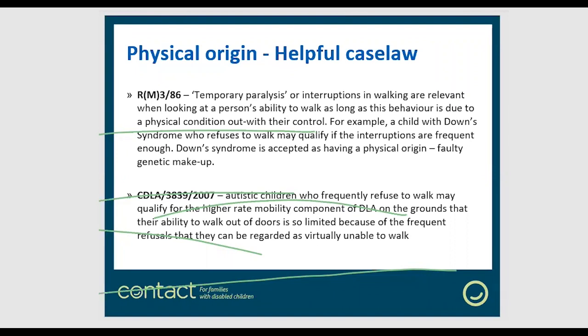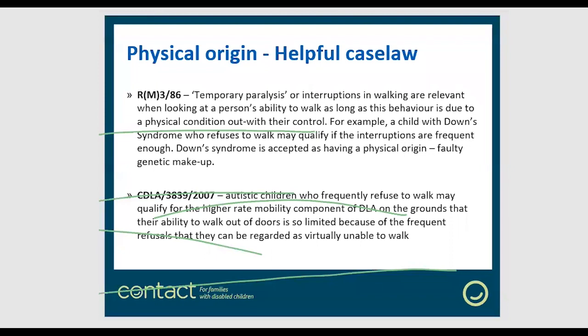It's due to faulty genetic makeup. It can be seen under a microscope. So there was no dispute that it was of physical origin. And interruptions in walking, or what was described as a temporary paralysis in walking, was relevant when deciding whether that child was virtually unable to walk.